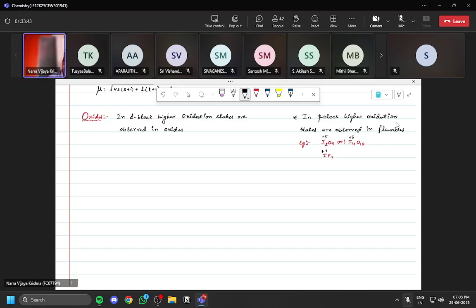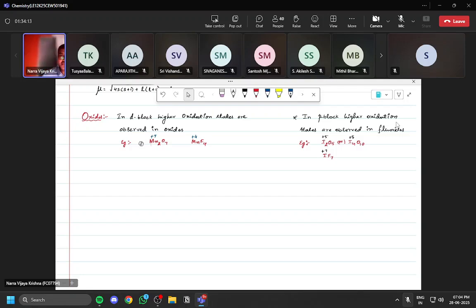Now, consider the example of manganese. Manganese shows Mn2O7 and MnF4, which means in fluorides it shows a maximum of +4, but in oxides +7. Why do we get higher oxidation states among oxides? Because of the ability of oxygen to form multiple bonds.